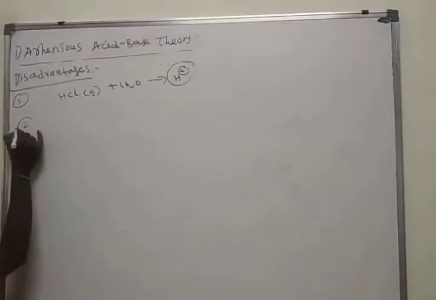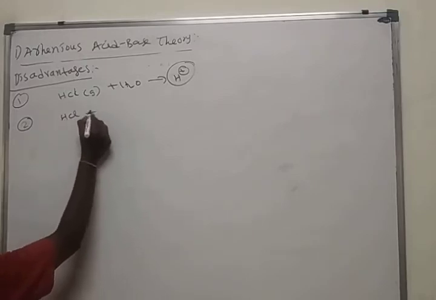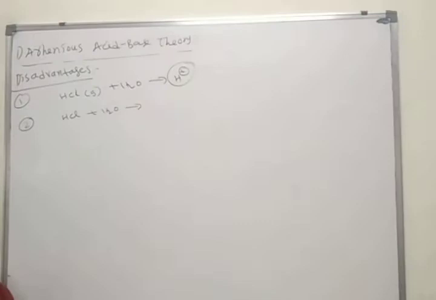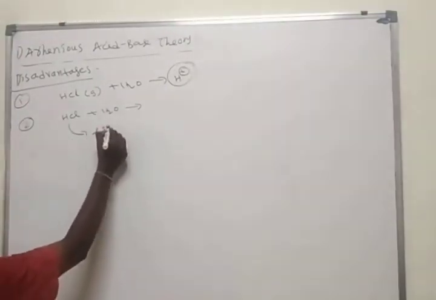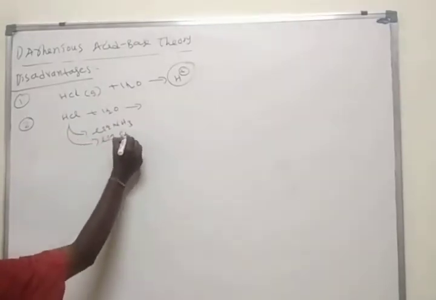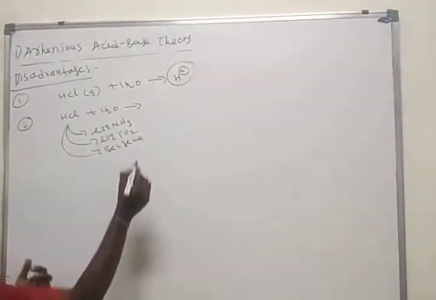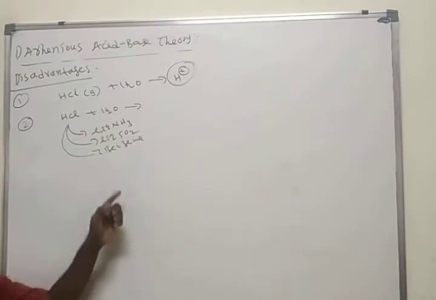Only when dissolved in water does hydrochloric acid release the H plus ion. When hydrochloric acid is dissolved in liquid ammonia, liquid sulfur dioxide, or benzene, it never releases H plus ion.